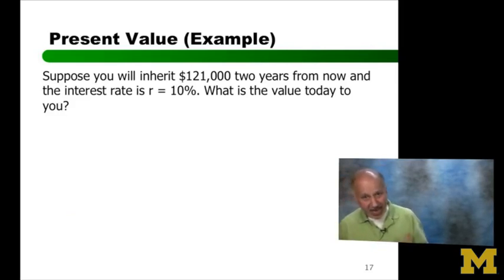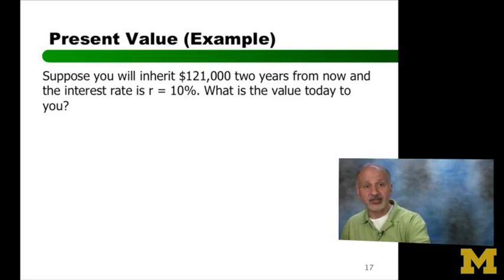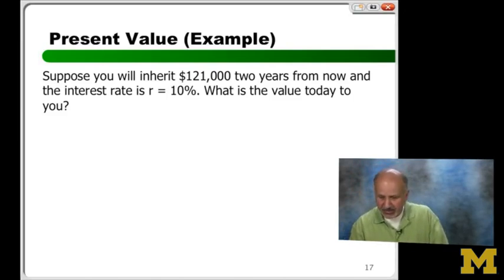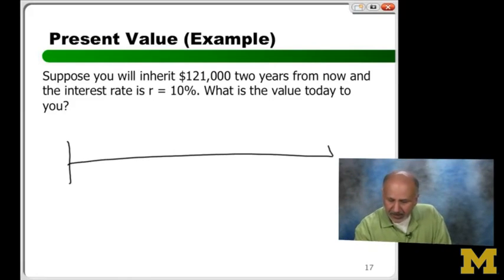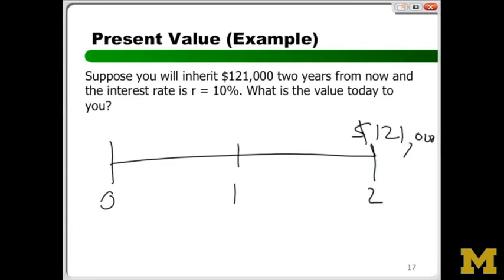And the reason is I know, because I've created this problem, that the answer to this question turns out to be $100,000. So let's see how I got that. And I'm keeping the problem simple because you need to understand the concept better than the actual calculations. Because the calculations, if they're simple, you'll focus on.